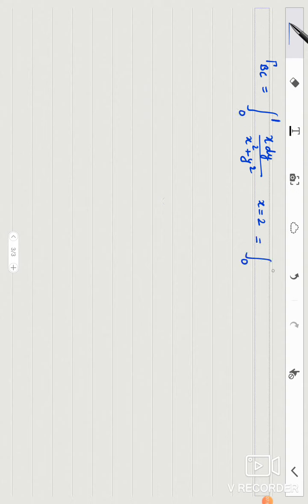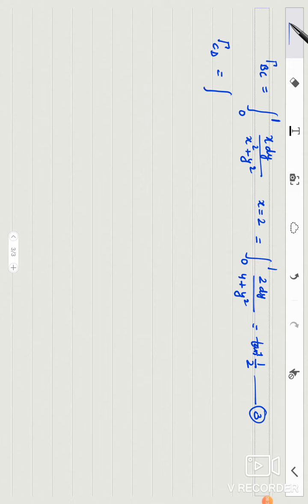So it will be the integral from 0 to 1 of 2 dy upon 4 plus y square. I easily calculate it for the limits 0 to 1, and it will be tan inverse 1 by 2.